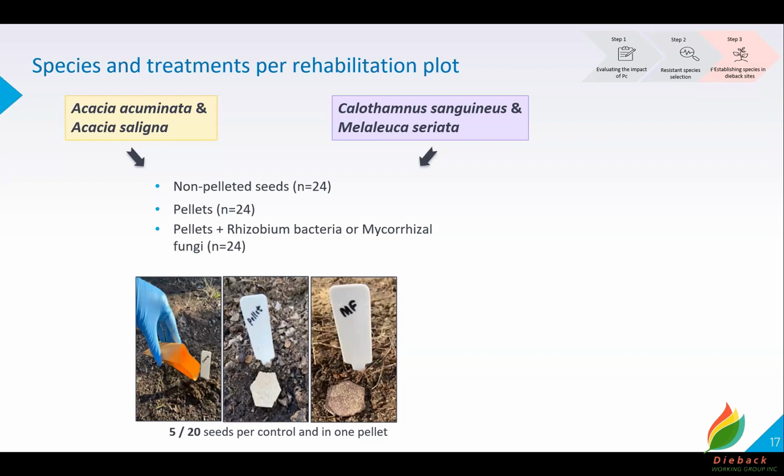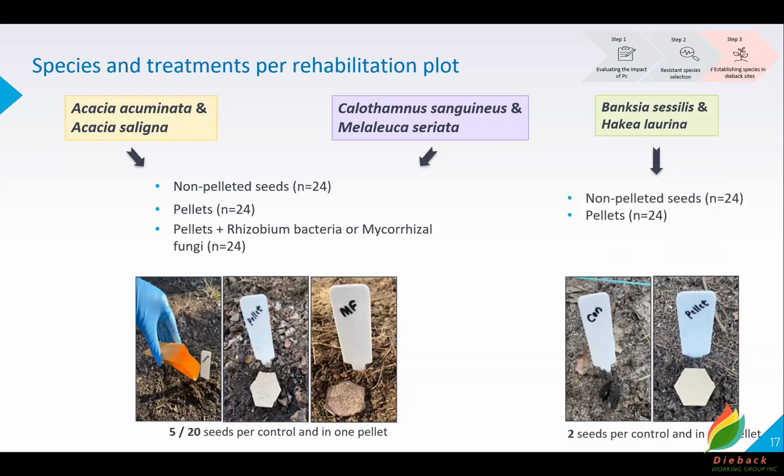So I used pelletized seeds for the field experiment. I had non-pelleted seeds and then pellets. I also included an additive for pellets: rhizobium bacteria for Acacias and mycorrhizal fungi spores for Calothamnus and Melaleuca, because they have these associations, and I expected that these associations might provide more benefits for the survival of the emerging plants.